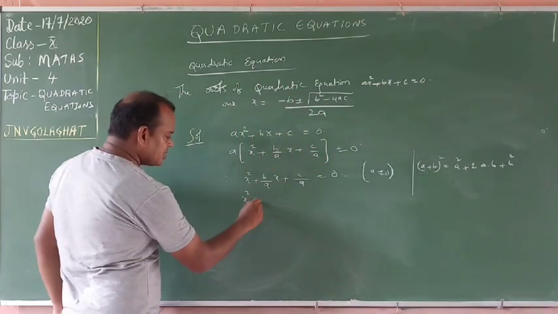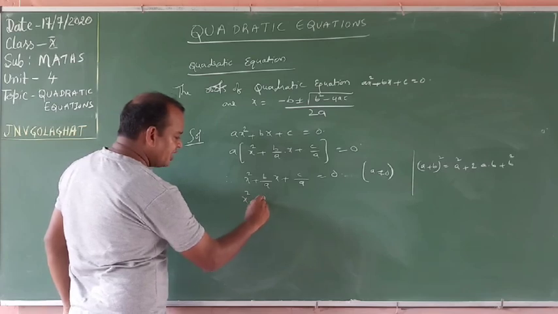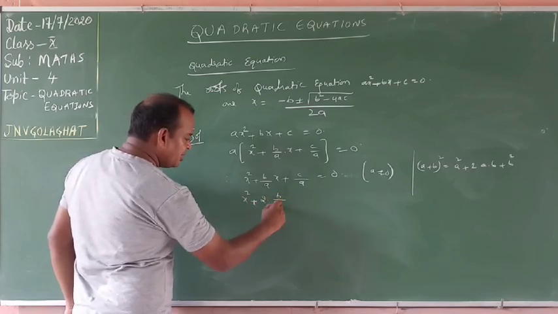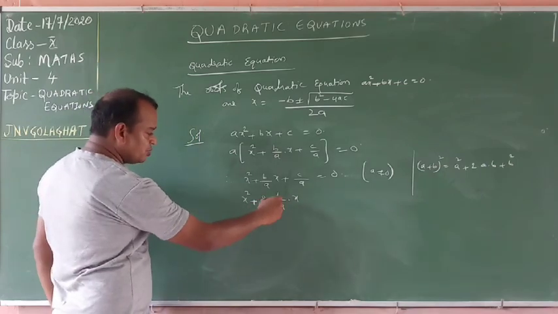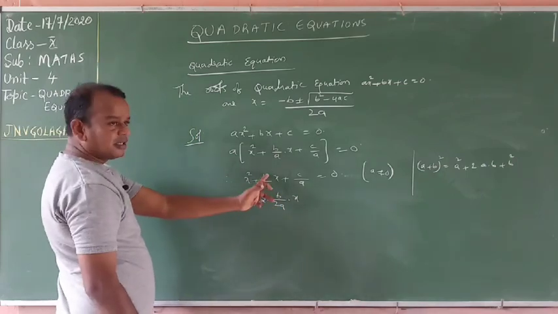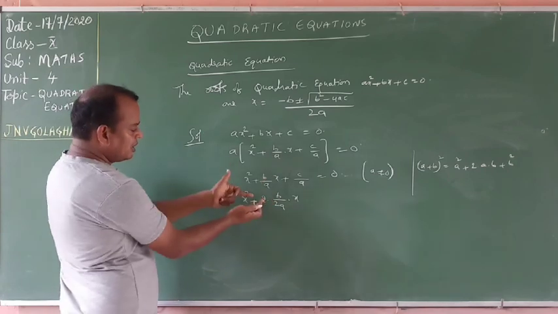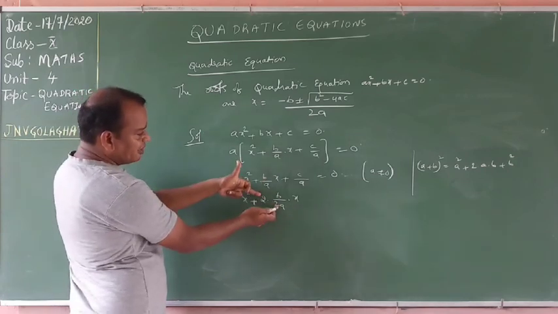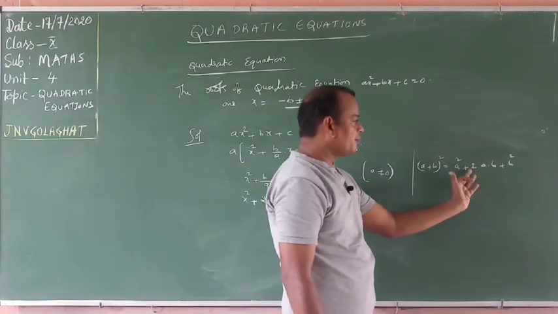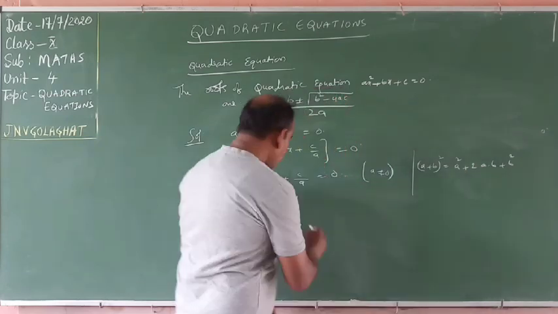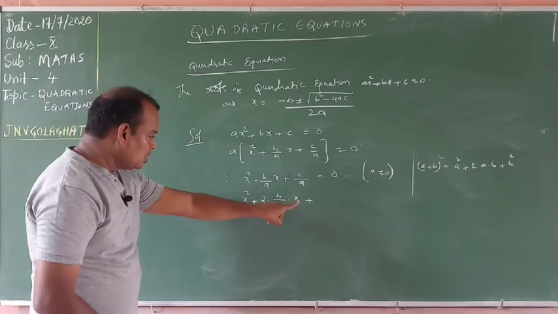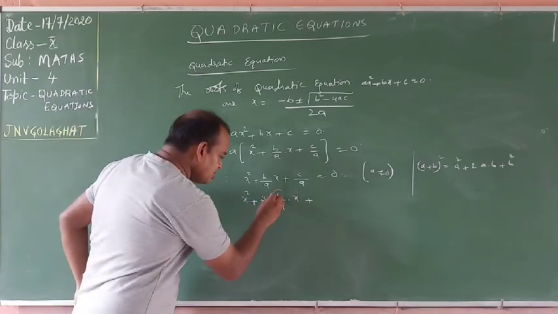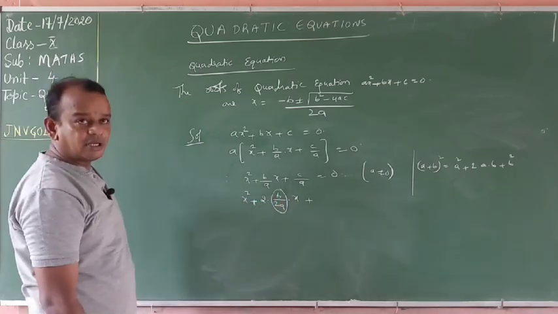Now, x square plus, multiplying and dividing with 2, 2 into b by 2a into x. This two cancels, and again we get b by a into x. Why do we multiply with 2 and divide with 2? By the formula, for 2ab purpose. Now, a square plus 2ab, and the b value is b by 2a.